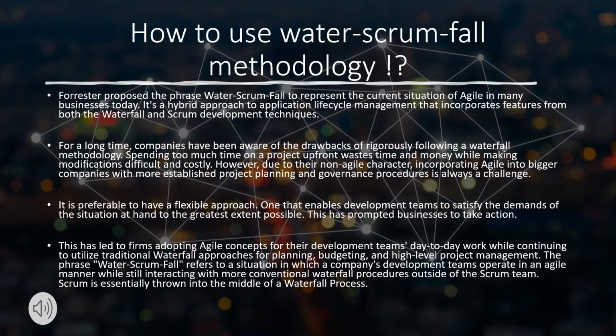For a long time, companies have been aware of the drawbacks of rigorously following a waterfall methodology. Spending too much time on a project upfront wastes time and money, while making modifications difficult and costly.